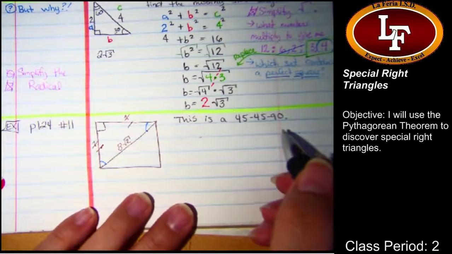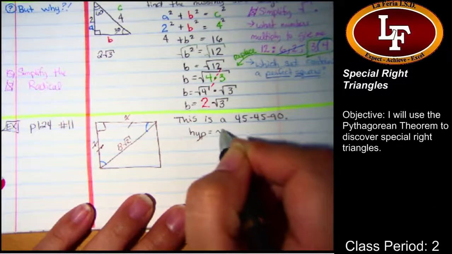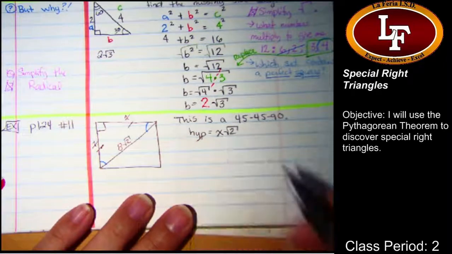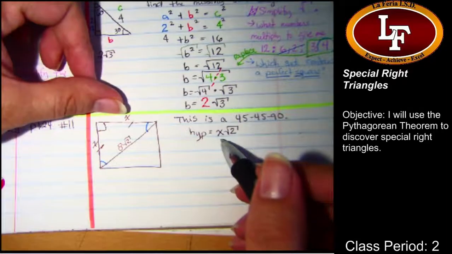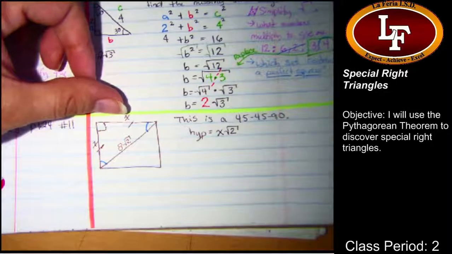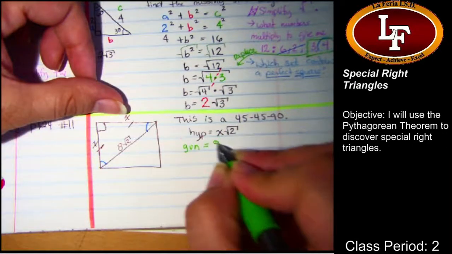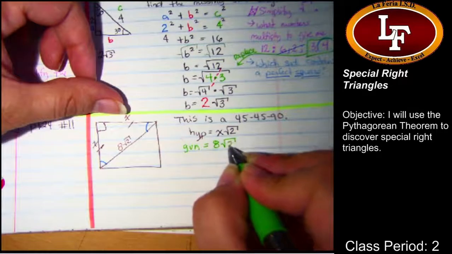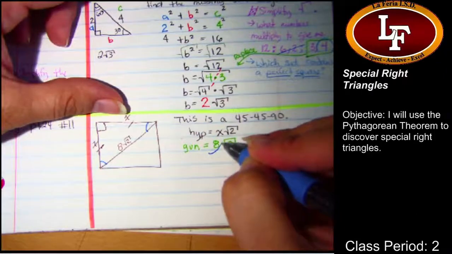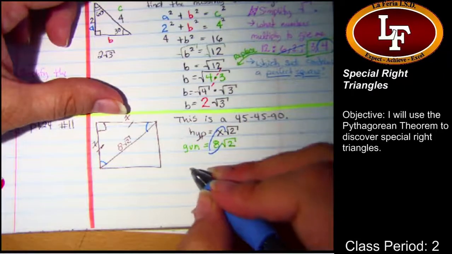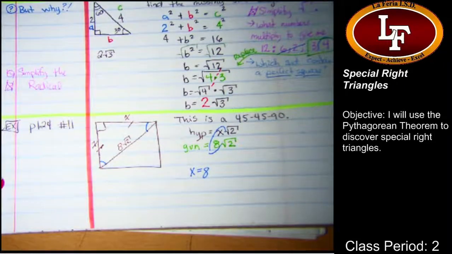Because it's a 45, 45, 90, the hypotenuse is x square roots of 2, where x is one of the leg values. According to this figure, we are given that the hypotenuse is 8 square roots of 2. So what must x be? 8. Yep. That's it.